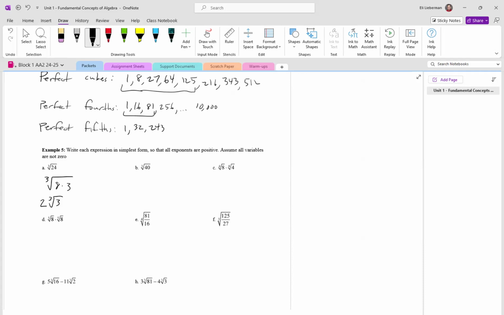So once we found 24 is 8 times 3, we know that the cube root of 8 is 2, which goes outside. We're using that multiplication property, and you're right, I skipped something here. This is the cube root of 8 times the cube root of 3. Cube root of 8 we know is 2, leaving us with the cube root of 3.